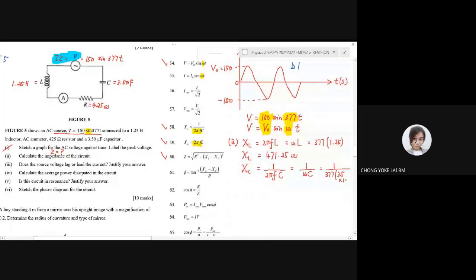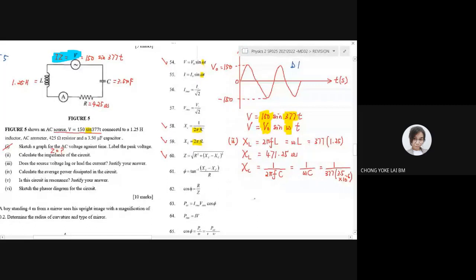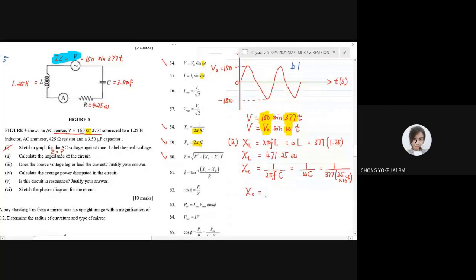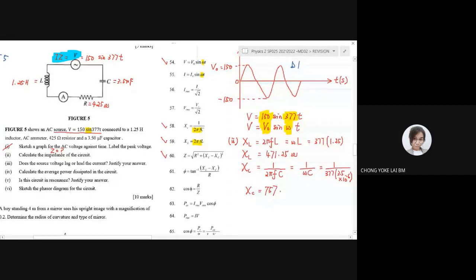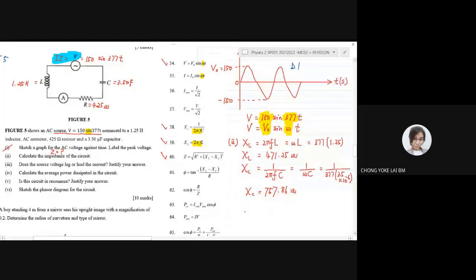So times 10 negative 6. Then we do our calculation to get the XC. Kita kira XC. Do it correctly, you should get 757.86 ohm. Letak dalam 2 decimal point is enough. Then only you find for your Z.